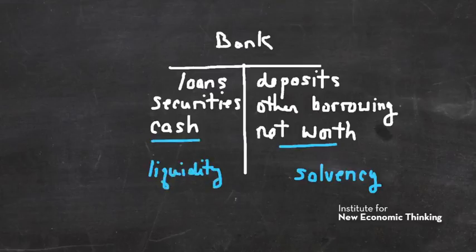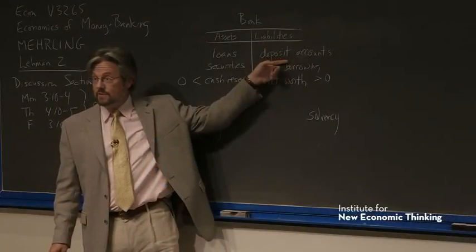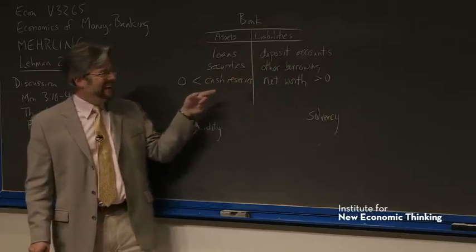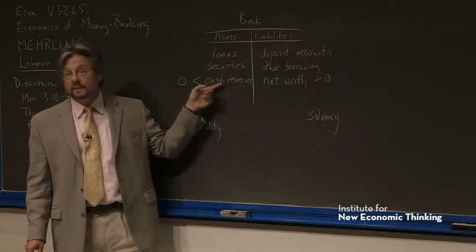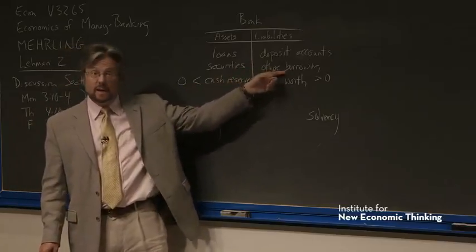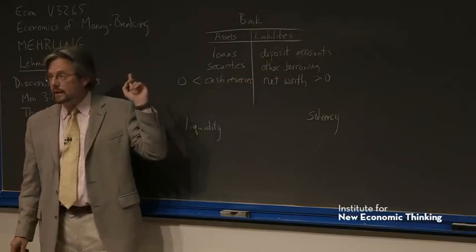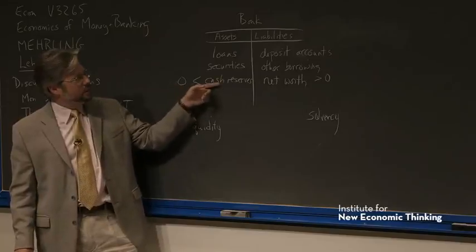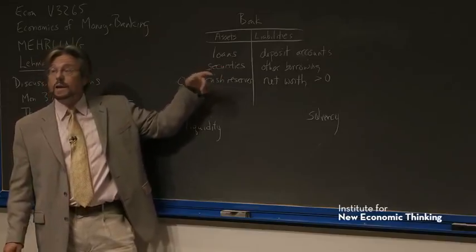If a depositor transfers their deposit to somebody else, tries to make a payment to somebody else, does the bank have liquidity? Does it have cash reserves in order to make that payment? These are demand deposits. They can be withdrawn at any moment. Okay, does it have its reserves? And if it doesn't, can it acquire them? Can it borrow them in the money markets? Okay, can it go to the Fed ultimately to the window? Can it sell a security or repo a security?